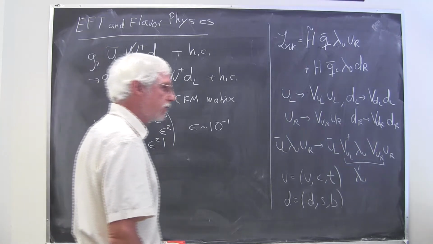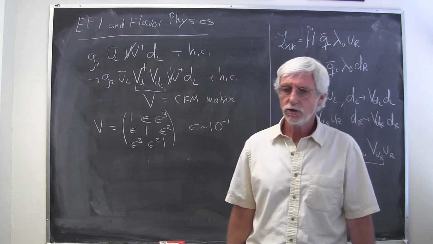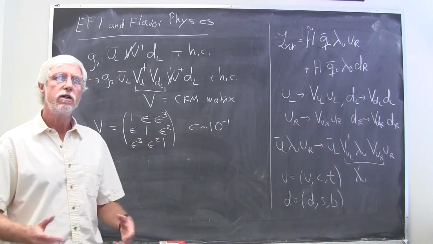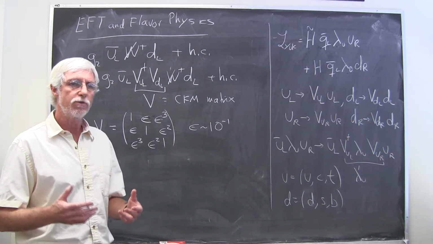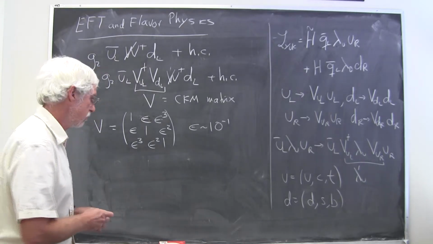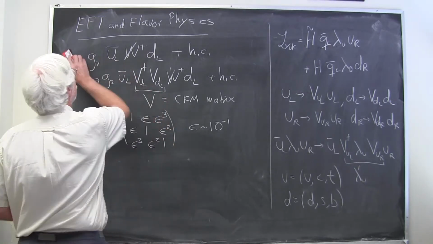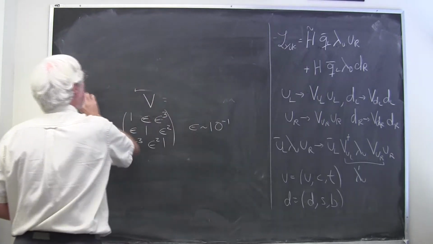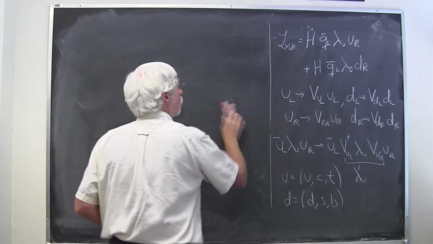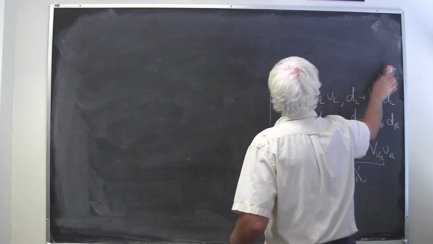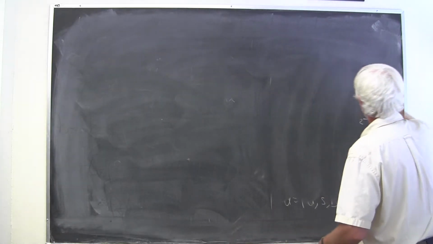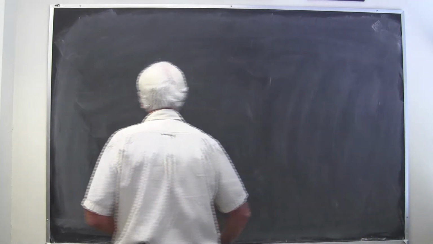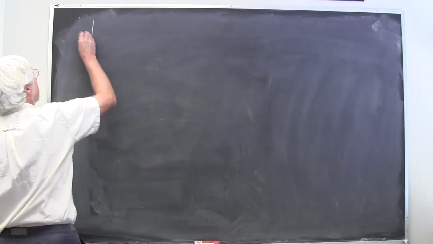Now, with that set up, let me ask the question, how can effective field theory help us elucidate something about extensions of the standard model? So let me make a little picture of what I have in mind. I want to have a scale of new physics that I'm going to call lambda that is somewhat above the electroweak scale.